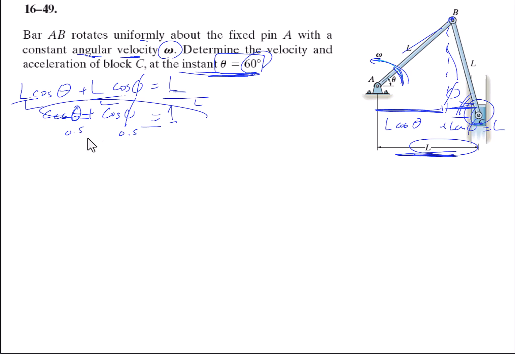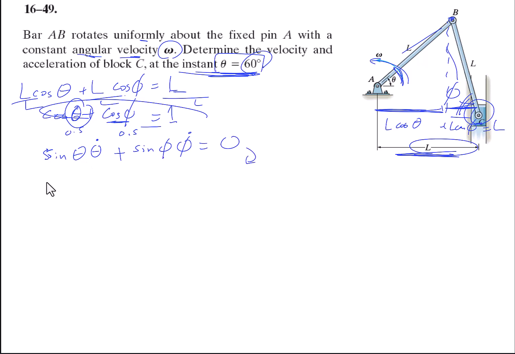Now let's differentiate this cosine. You get minus sine theta times the derivative of theta with respect to time, plus, this is cosine, so minus sine phi times the derivative with respect to time. This is 0, of course. You can multiply by minus 1 and get it positive. Now let's differentiate a second time.